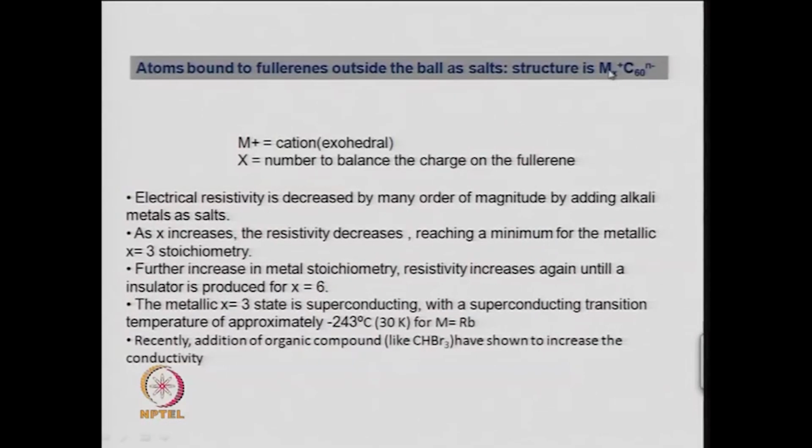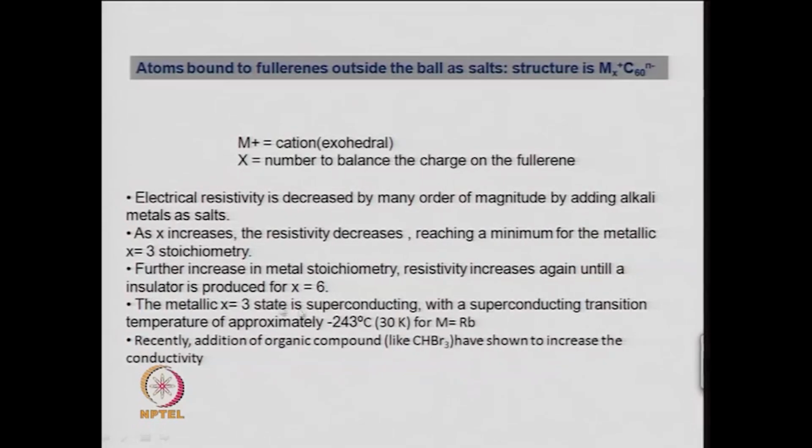When they donate electrons, the electrons go to the C60, and C60 can accept those electrons, because there are a lot of pi orbitals in C60, and you can transfer electrons, and then C60 becomes negatively charged. Depending on how many electrons you donate, this charge will change from 1 minus, 2 minus to n minus. So, you have a cation which is outside, and you have x, the number to balance the charge.